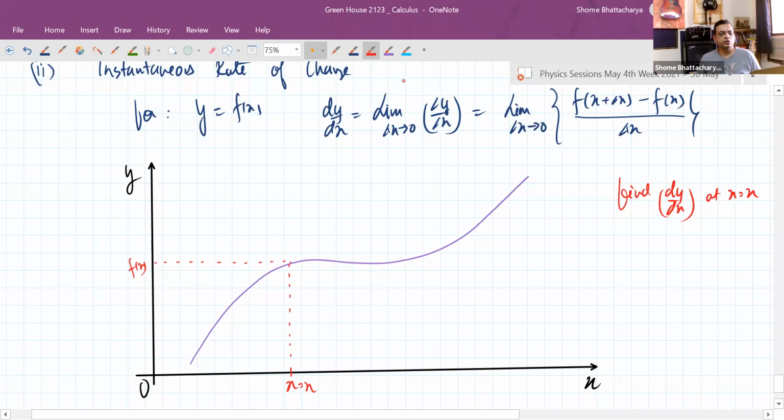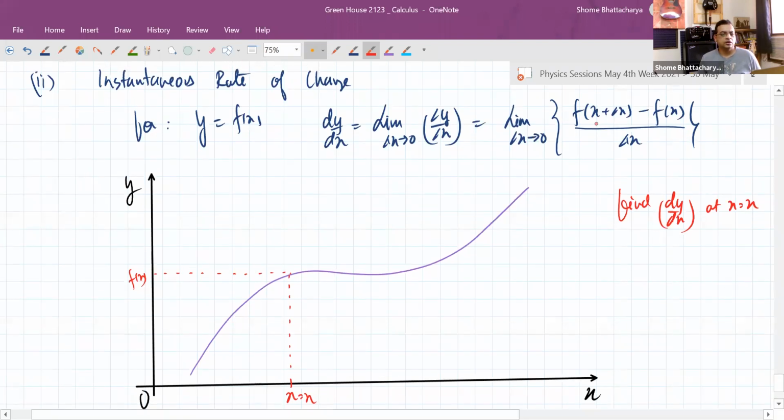But now if I go to the meaning of this term, which I've written on top, it is the change in the y coordinate divided by the change in the x coordinate, but I'm changing the x coordinate by a very, very small quantity, delta x tending to 0. So how I'll interpret that in terms of the graph is that I should move from this point to a point which is very, very close to this one.